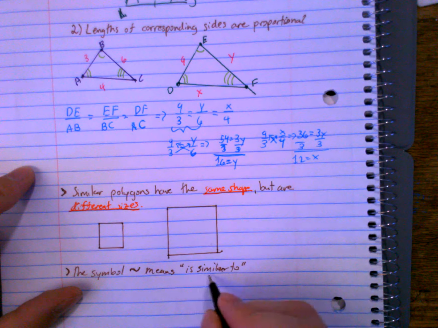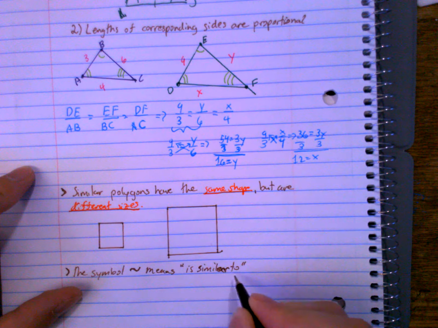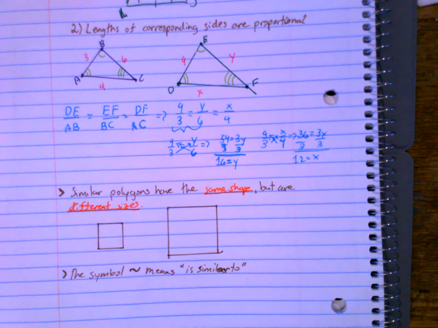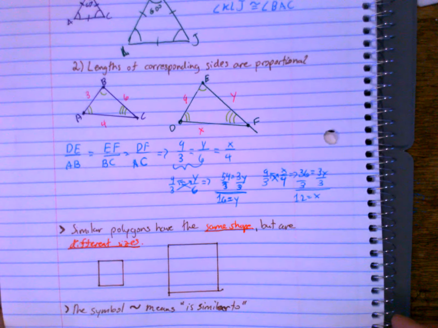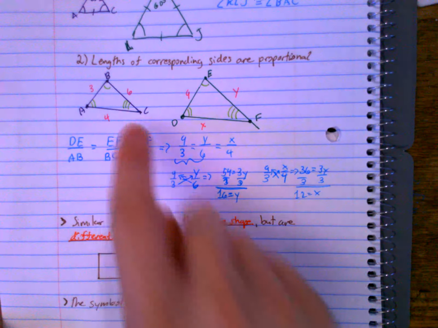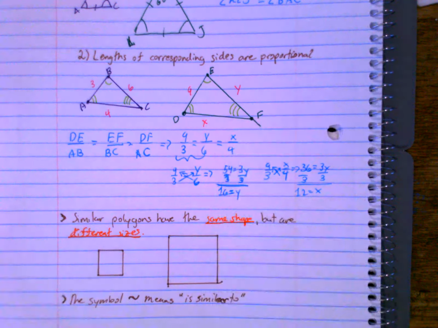Which means that if we were to go back and look at that triangle, I could say that triangle ABC is similar to triangle DEF.